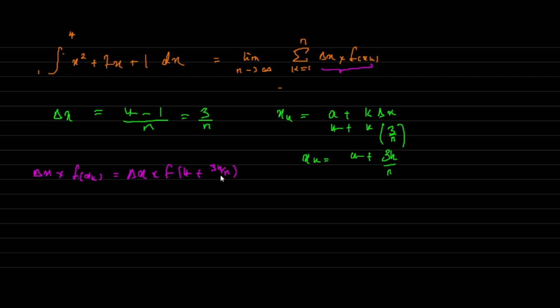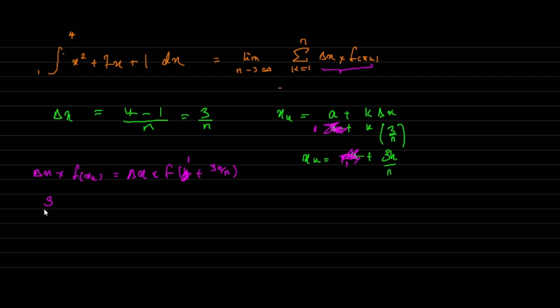Wait, I seem to have confused this. This isn't A, this is B. I accidentally wrote B. The B is 4, A is 1, because it's from A to B. So it's gonna be delta x times f of 1 plus 3k over n.